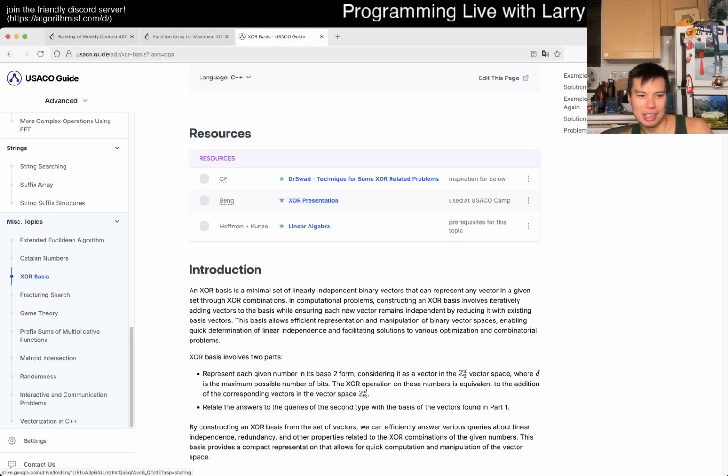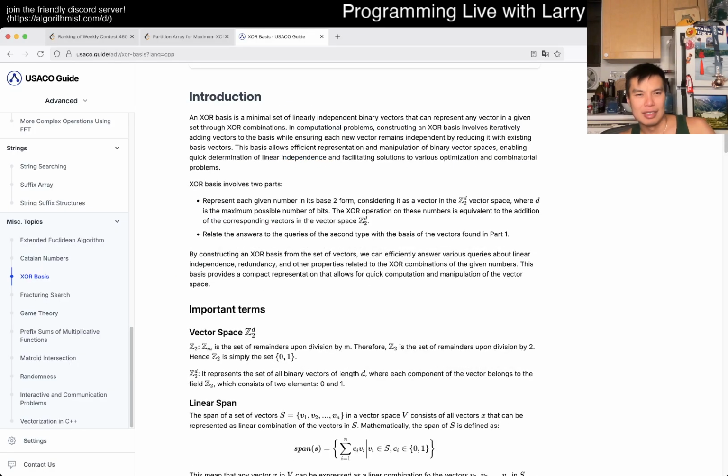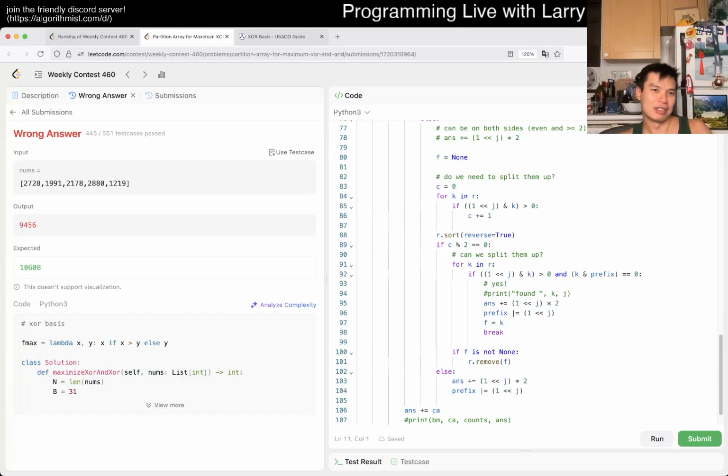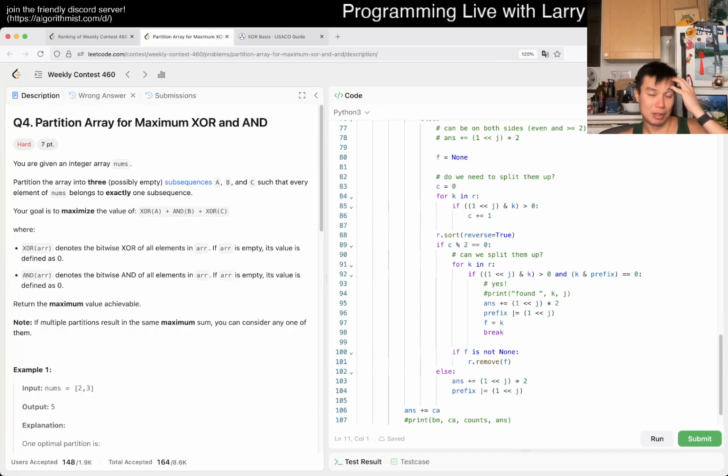I don't know, I'm clicking on more things. Let's say I pretend I know this. How would I even use it? Maybe I need to understand it more. Okay, so we have the N and then you have the XOR. How do we split it up?